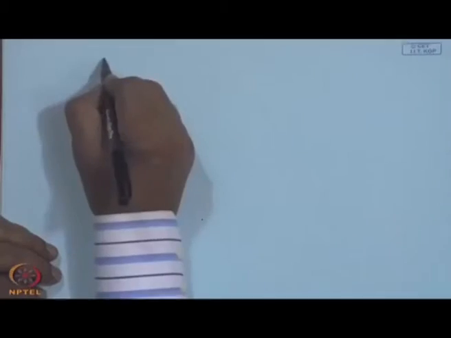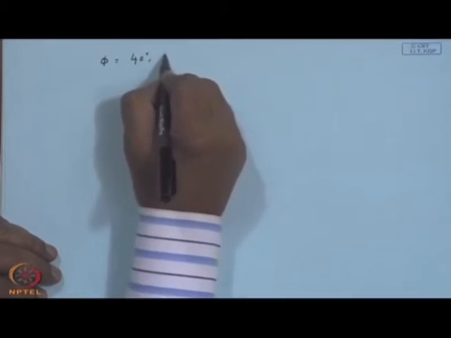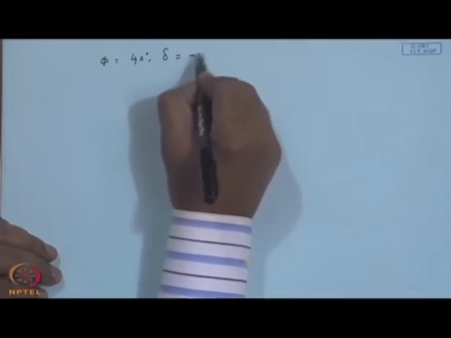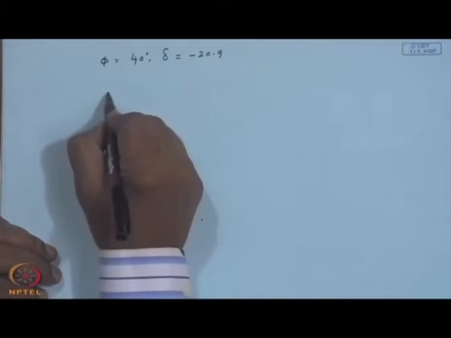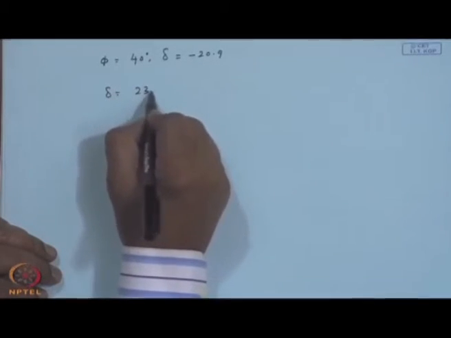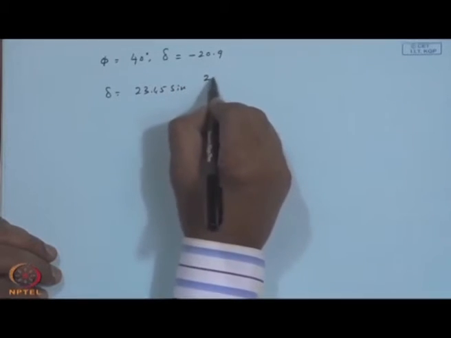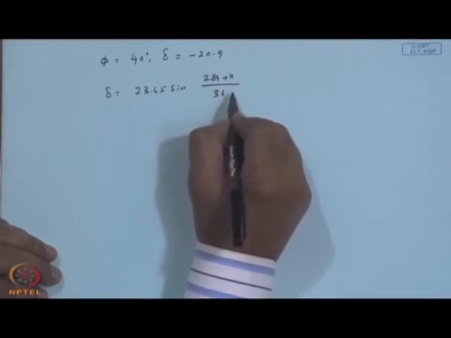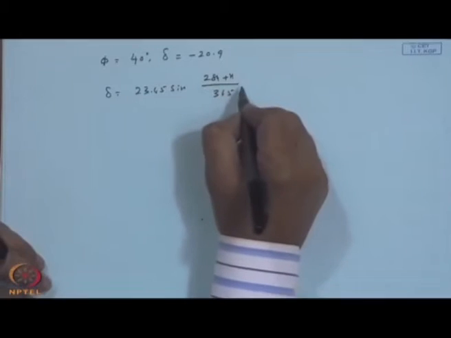So, the latitude phi is 40 degrees and delta, the mean declination for the month of January, is minus 20.9, or you can calculate delta as 23.45 sin of 284 plus n by 365, whatever it is, multiplied by 360.